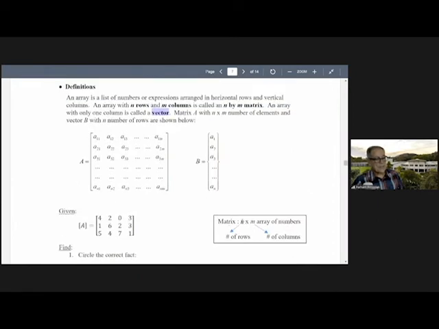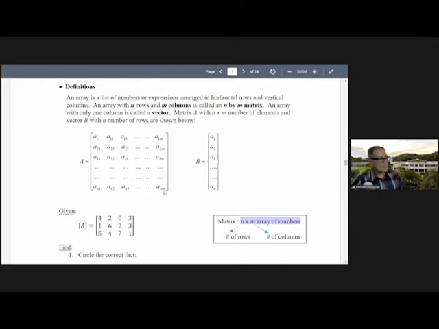So for a matrix n by m, as you see here, n refers to the number of rows and m refers to the number of columns. For example, this matrix A, a couple of simple example questions.